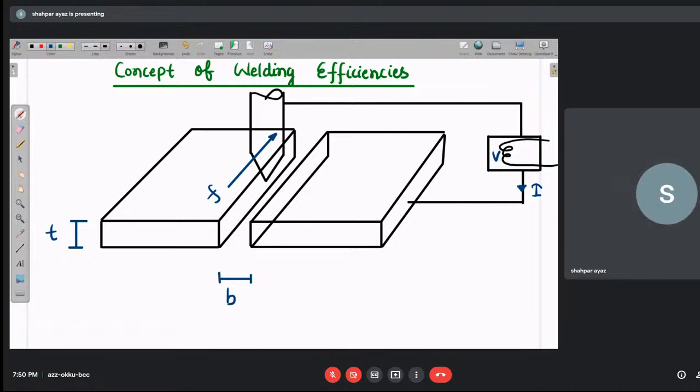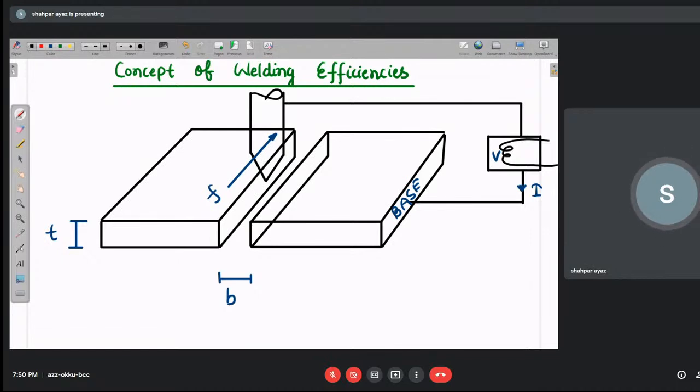Now everyone, let's understand. This is called your base metal, my dear. Base metal, base sheet, base workpiece.